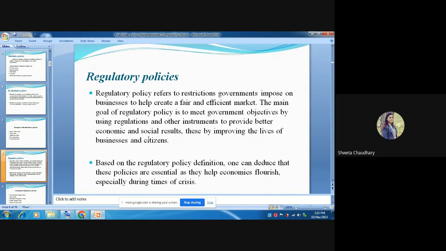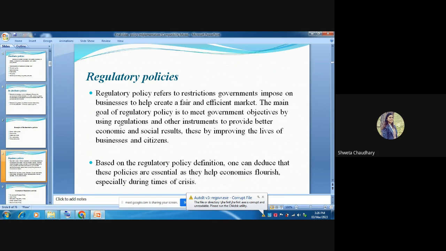Then a major policy is regulatory policy, which regulates the money in your economy. Like in India, we have monetary and fiscal policy. Monetary policy exists in all the countries. In monetary policy, we regulate the different rates that are given by the banks to the people, or the rates at which the RBI, the central bank of the country, provides loans to other commercial banks.